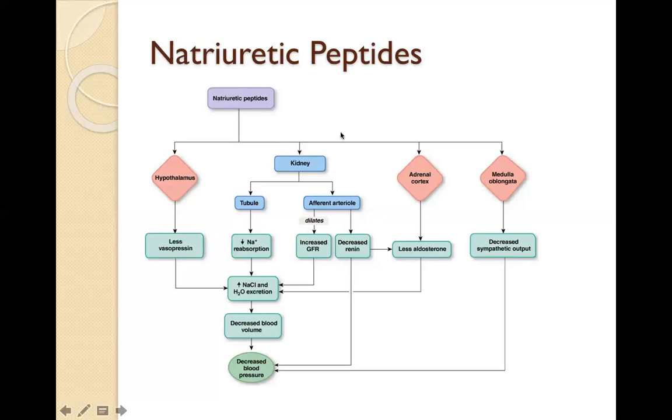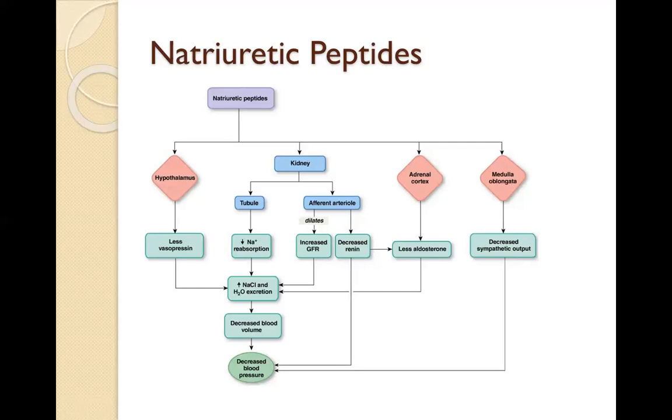Finally, the natriuretic peptides act on the medulla oblongata, and this will decrease sympathetic nervous system output. That decreased sympathetic nervous system output means that you're going to get a decreased blood pressure. And that's going to be because you're going to decrease the heart rate. You're going to decrease the contractility of the heart.